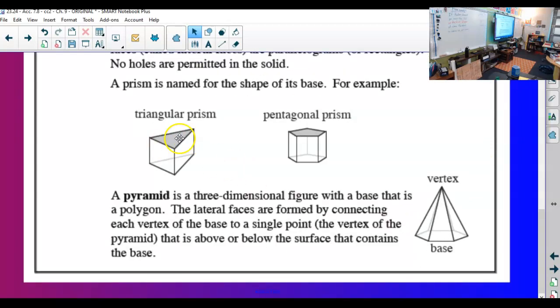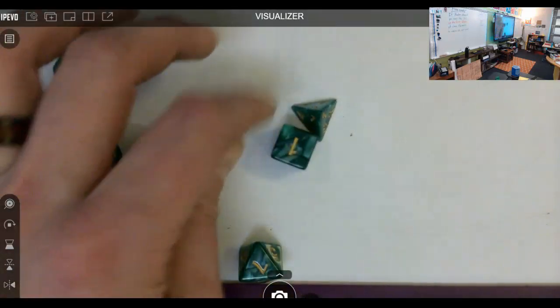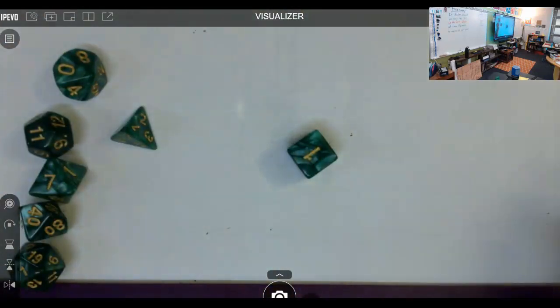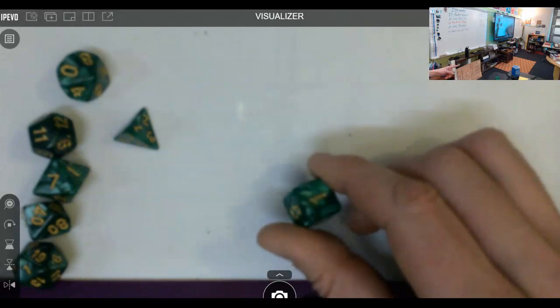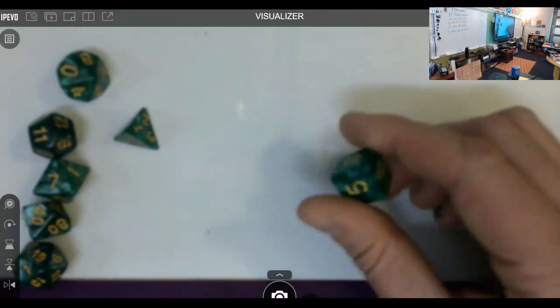So, triangular prisms, triangle on top and bottom. Pentagonal prism, pentagon, top and bottom. So, our D6 would technically be called what kind of prism? A rectangular prism, if we want to get even more specific. Well, it is a cube, yeah.